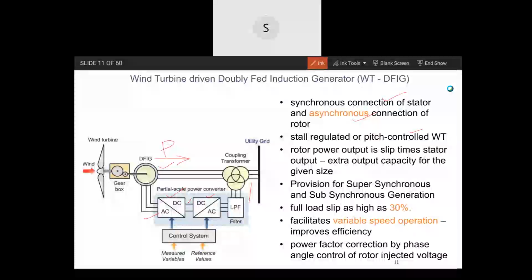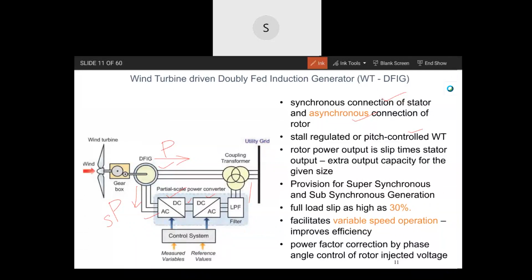Say P is the power given, and it's operating at a slip S. In that case, the power given from the rotor side to the grid will be slip times P. So for the same size of the machine, the extra benefit is that the output capacity is more. That itself is an advantage when you compare the profitability against the squirrel cage system. Usually these DFIG machines are designed for up to 30% slip. So 30% extra power is coming.